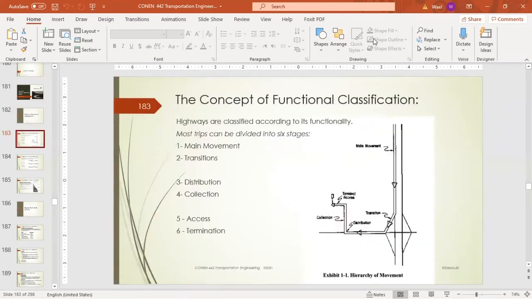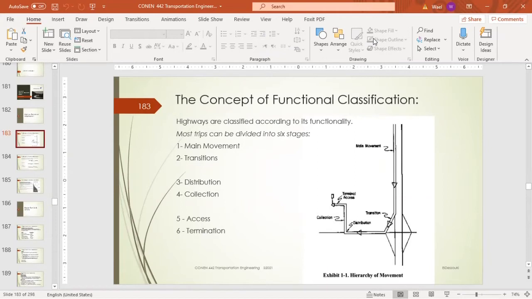To understand the concepts of functional classifications, highways are basically classified according to their functionality. In most trips, if you go from one origin to another destination, you start from your home, you get to an access road, to a collector, then you go to the main road.